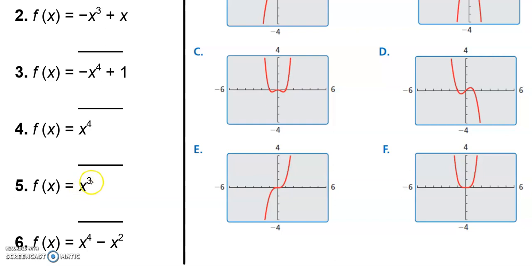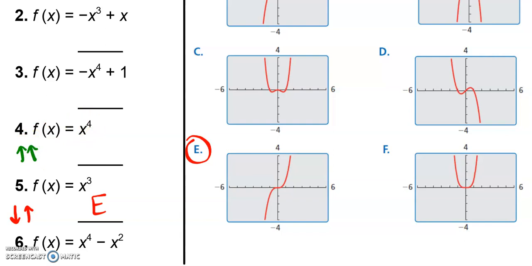So positive x to the third should have end behavior that looks like this, and it's our perfect one going through 0, 0. So that's going to be letter E. X to the fourth is a positive even, so we're going to have end behavior like this.